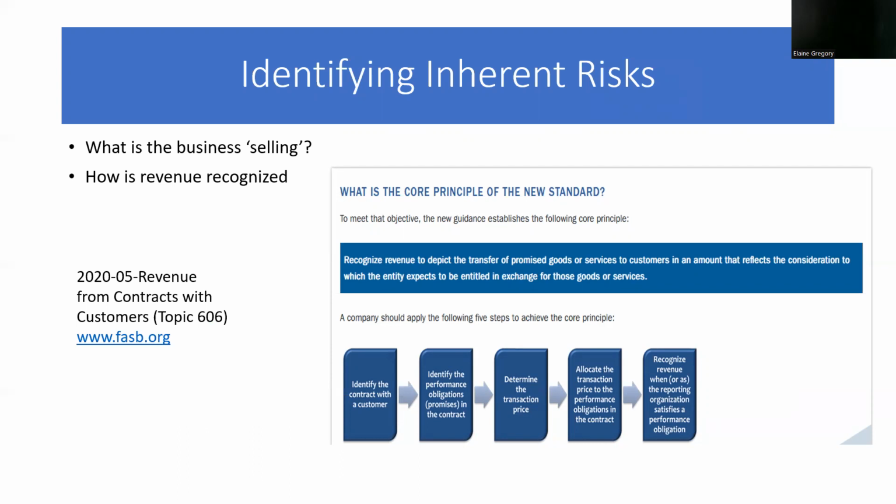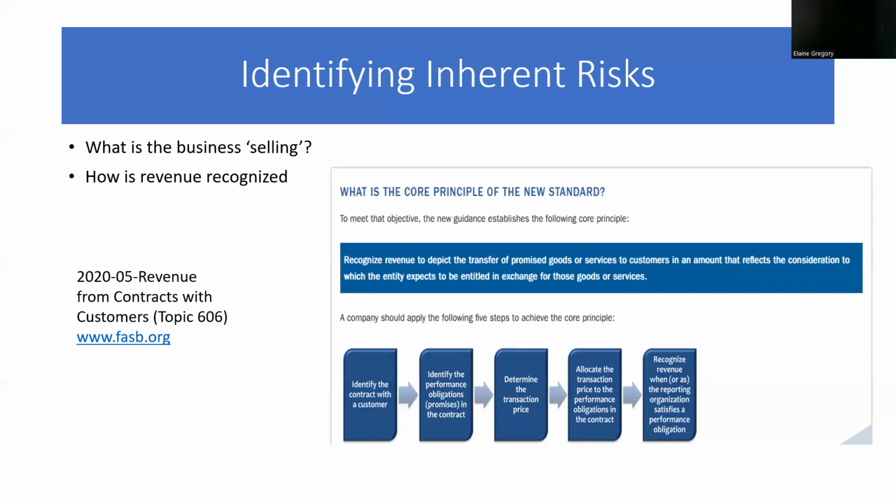And then how is revenue recognized? We know that we have revenue from contracts with customers, which is Topic 606. We also have different standards for leases, but we're not going to get into leases right now. So we want to focus in on the new revenue recognition standard. It started back in 2014. It became implemented with revenues from contracts with customers in 2018.